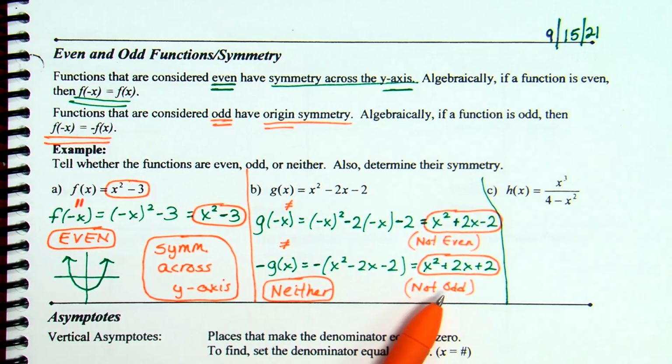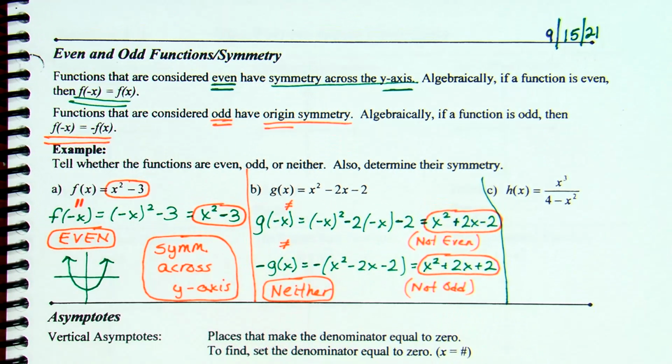And notice, the question is, does negative g of x equal g of negative x? And those two are not equal, so it's not odd. If it's not odd, it's not even, it is neither. I think in your class I graphed it, and it was a parabola, but it was not centered, right? So it wasn't symmetric in any way across either the origin or the y-axis.